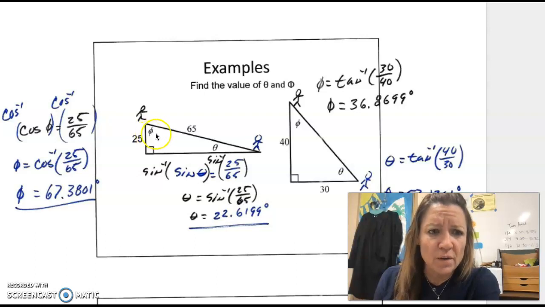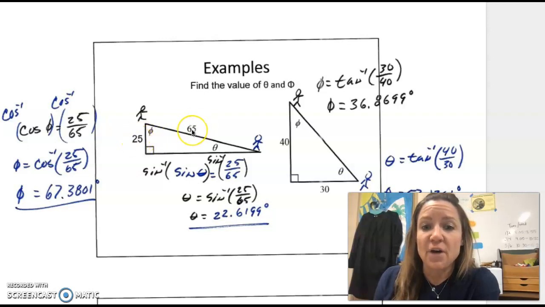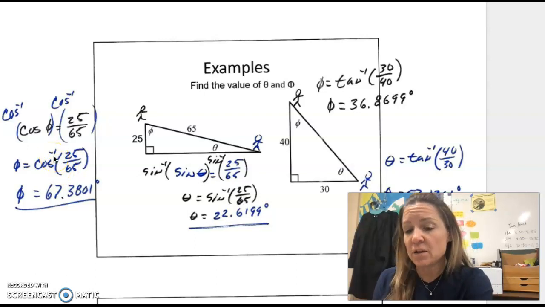Okay, so this one over here, we know from this angle the 25 and the 65. So 25 is the adjacent and 65 is the hypotenuse. Adjacent and hypotenuse is cosine. So the cosine of that angle, we don't know its measure yet, is the adjacent over the hypotenuse. Now when you're solving for the angle, you actually have to use the inverse.